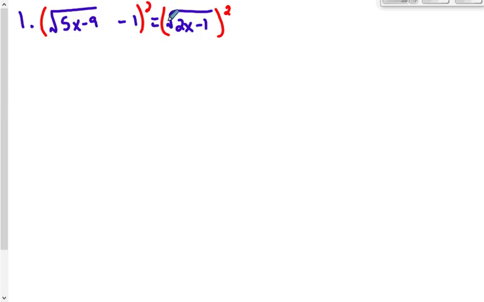On the right side, the square root and the square will cancel because that's all that's there. On the left side, I have a -1 outside of it, so those can't cancel. I've got to go over to the side and box that. So I have the square root of 5x minus 9 minus 1 times the square root of 5x minus 9 minus 1.